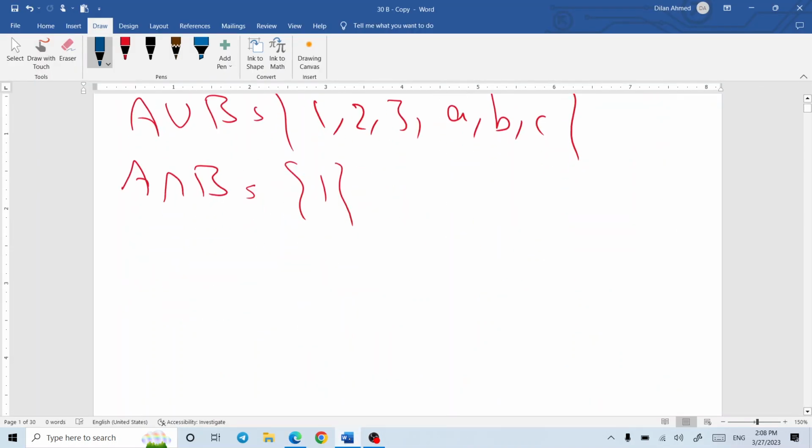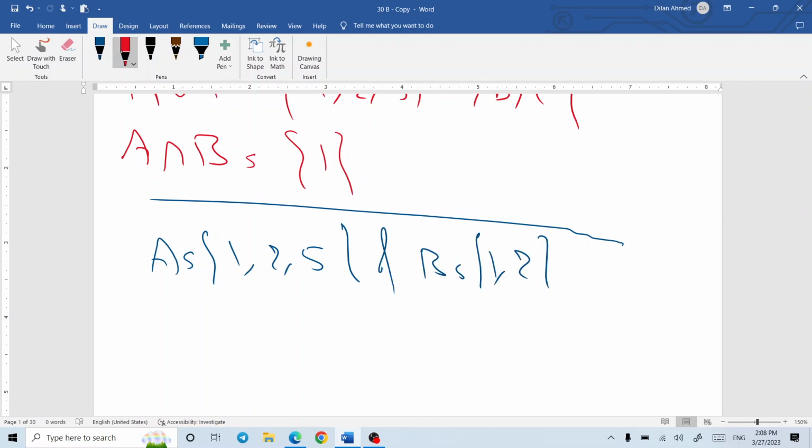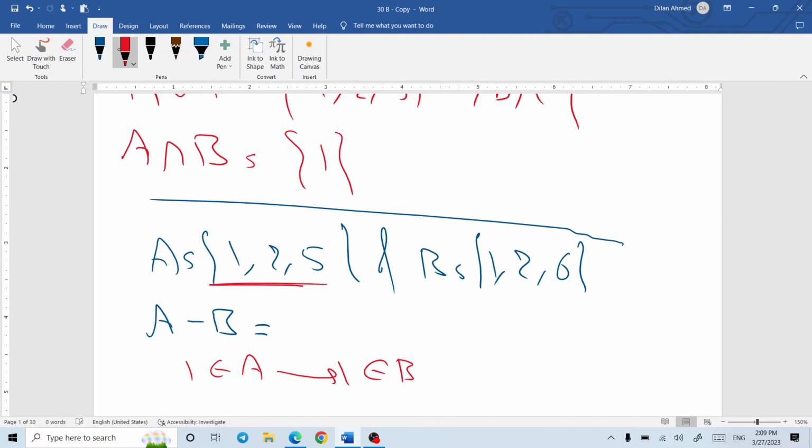To get more information, here we have, for example, A equal to {1 to 5} and B equal to {1 to 6}. If I want to find A difference B, not minus, difference, I'm going to check the elements of A. Does 1 belong to B or not?